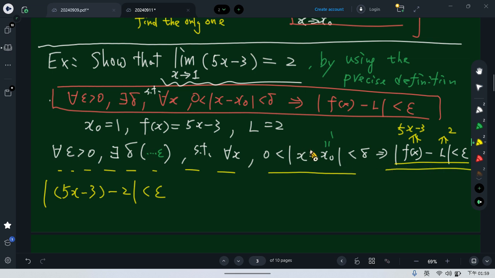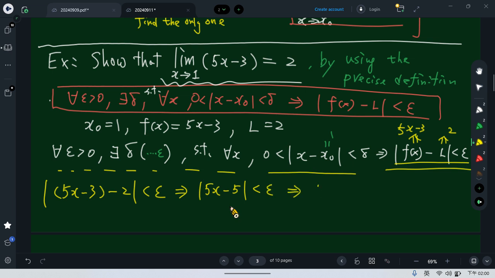We just reverse it from the final result. The final result, we hope it can happen. So we hope that when we take the absolute value of 5x minus 3 minus 2, it should be less than epsilon. Based on this, we get the absolute value of 5x minus 5 less than epsilon, right?